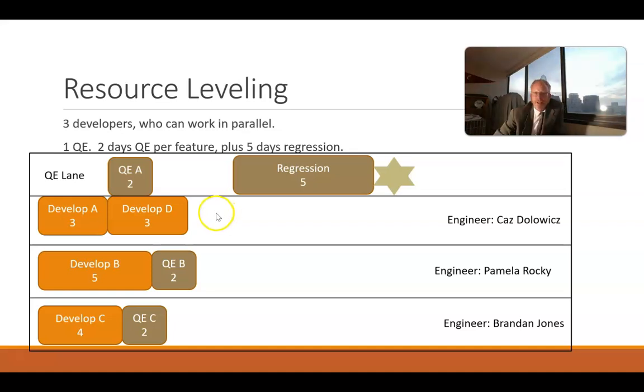Now, day 6, we have Kaz Dolowitz finishing up his second task, which is activity D, which is 3 days of effort. But also, guess what? It requires 2 days of QE. Now, you can probably visualize what's going to happen here because you see we had 3 developers and 1 QE. And these 2 days per task have come in very quickly.